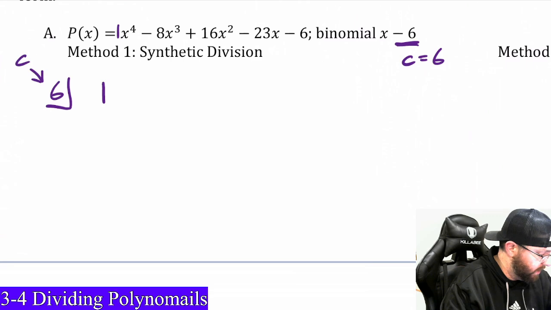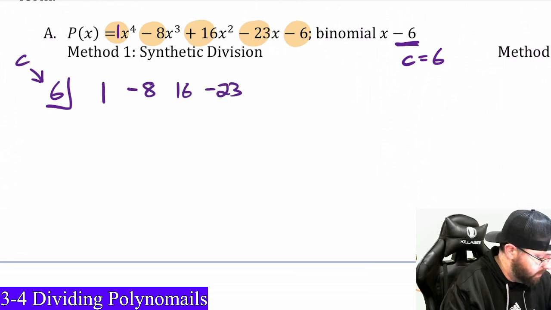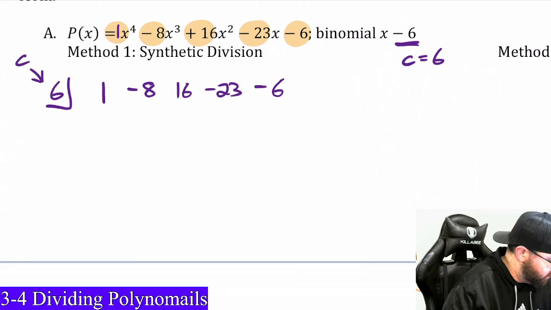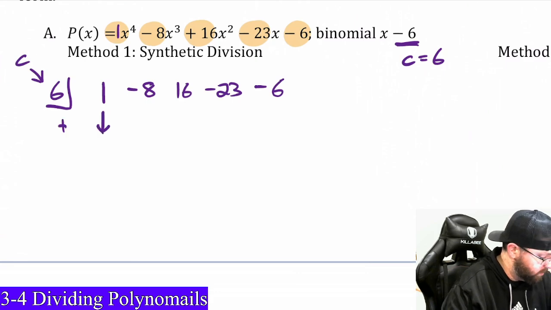Okay, and we're just taking down all of these numbers below. So we got minus 8, 16, a negative 23, and a negative 6. Okay, so we're going to bring this first one down. Remember, we're going to multiply by the bottom, and then we're going to add.